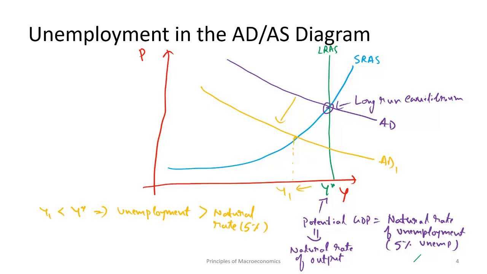When resources are underutilized, which essentially means that we are not utilizing all of our labor force, a lot of people are without jobs. So whenever your GDP decreases, unemployment increases. So Y decrease implies unemployment increases.